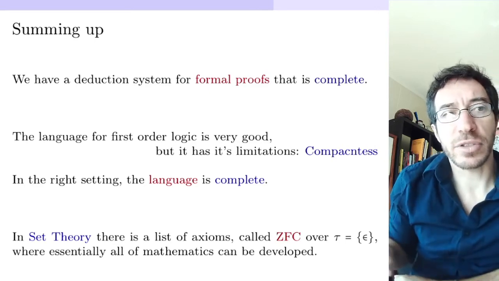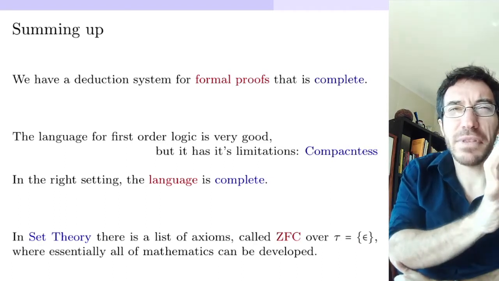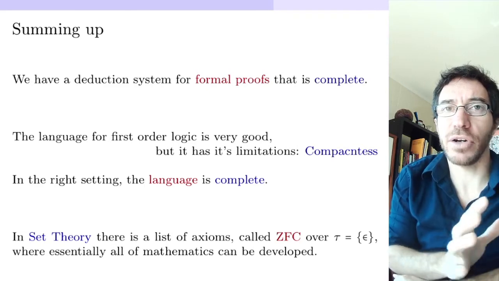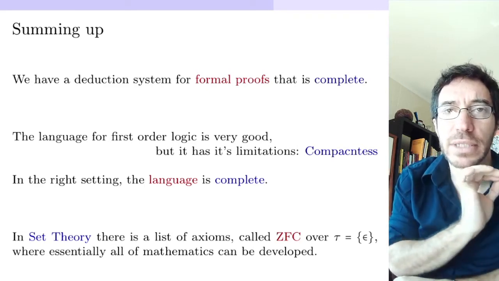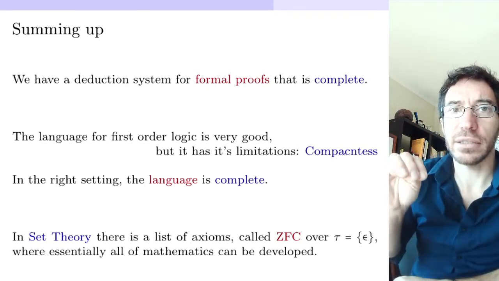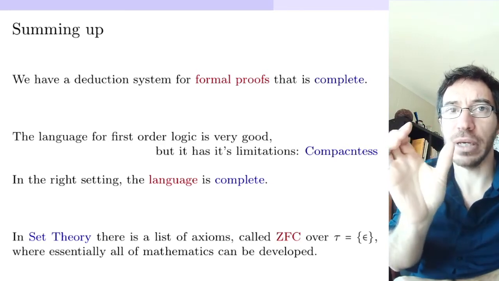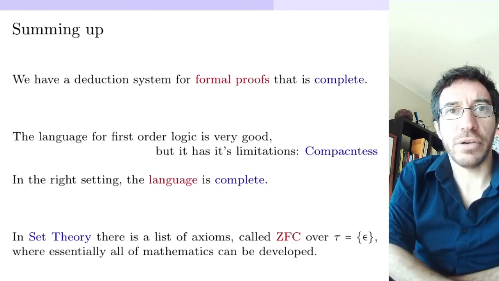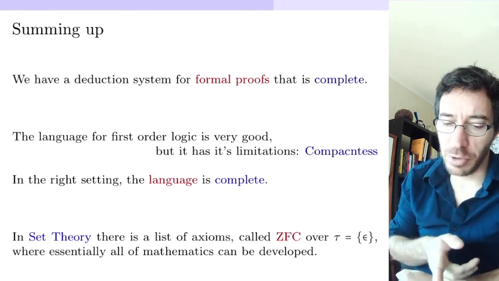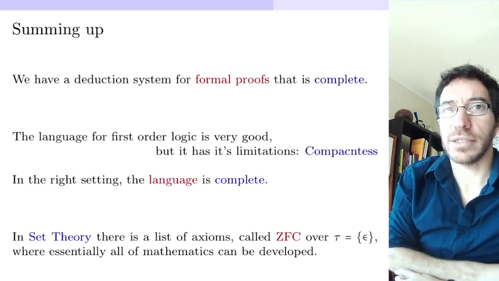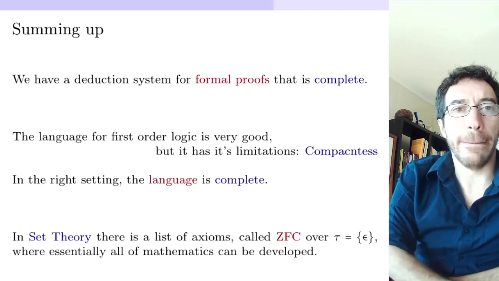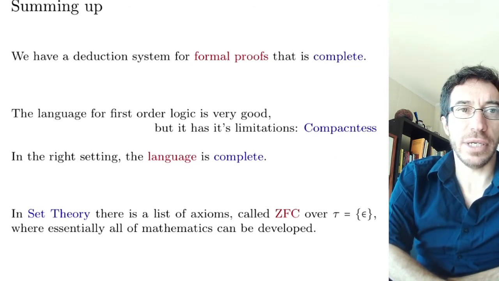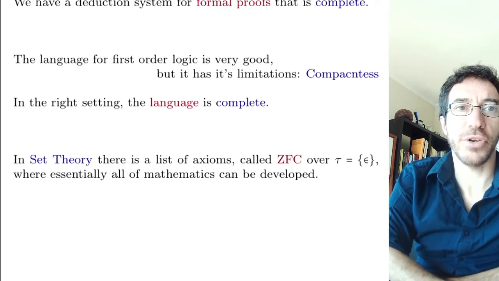There are some things that are not, so essentially it's not everything, but it's pretty good. And in that case, it's obvious that the language is complete: everything you want to say in mathematics, you can say by a first order formula, like the ones we saw. If you want to know more about that, you should take 136 at some point next year. That's a great course where you can see how that theory is developed.